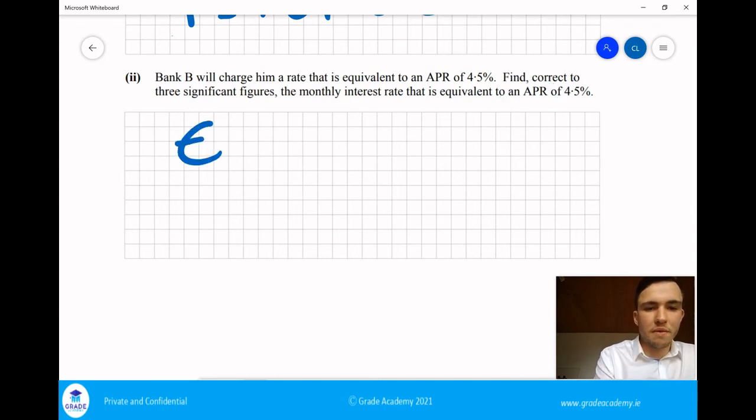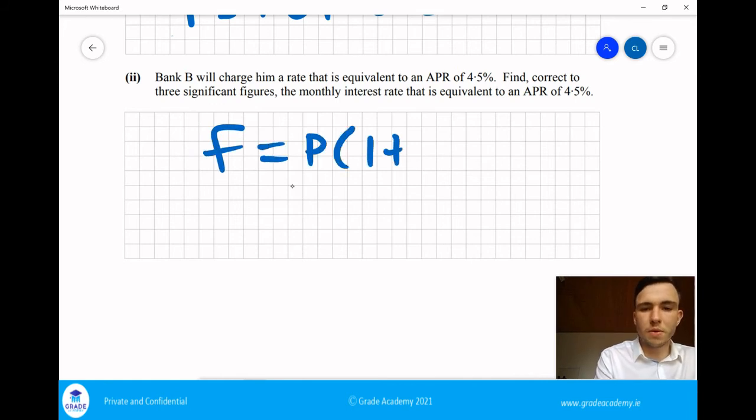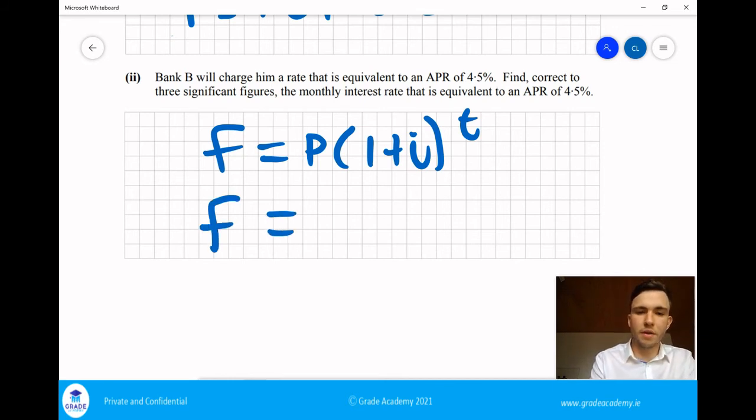So again, we're investing €1 for 1 year. We are going to use our F is equal to P times 1 plus I to the power T formula. So our F, we're going to try and work that out first of all.